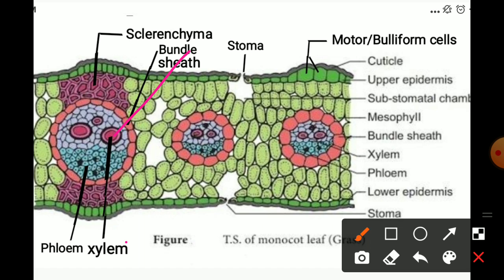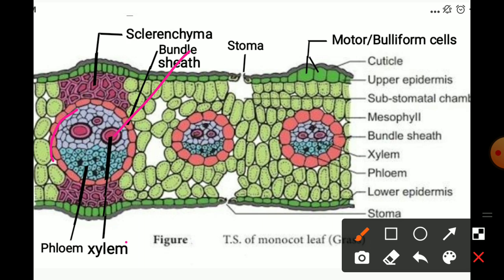So xylem and phloem are conjoint and collaterally placed. The vascular bundle is conjoint and collateral. There is no cambium in it. Therefore, the vascular bundles are said to be closed type of vascular bundles. Such vascular bundles, xylem and phloem, show a bundle sheath.